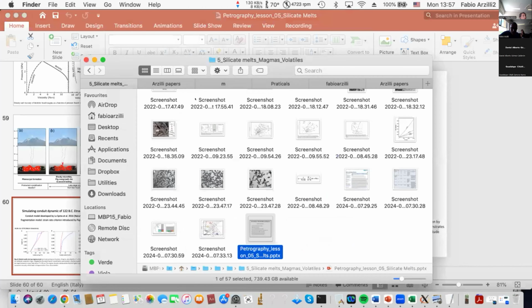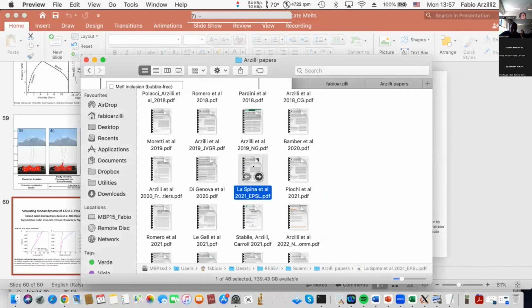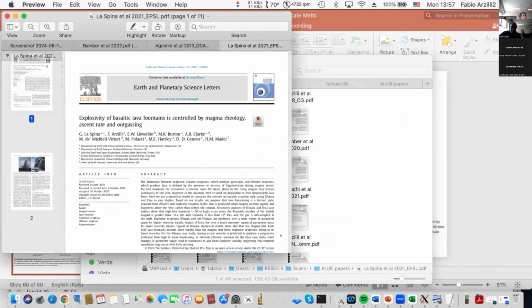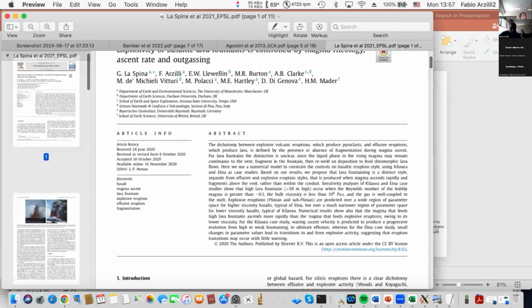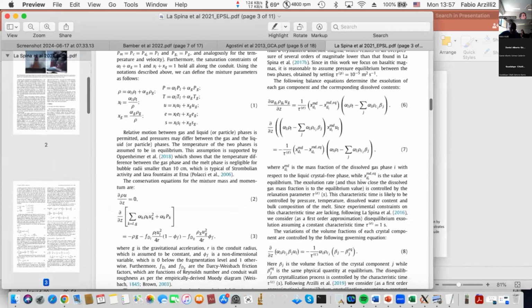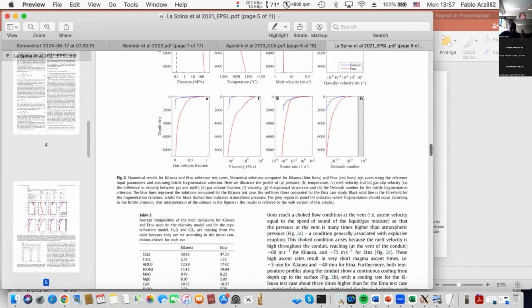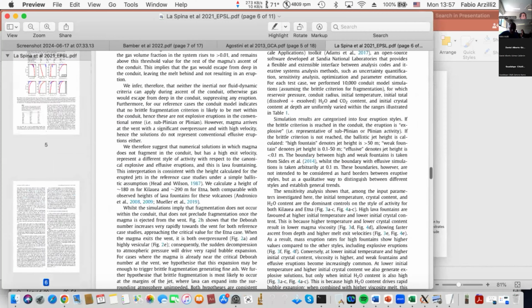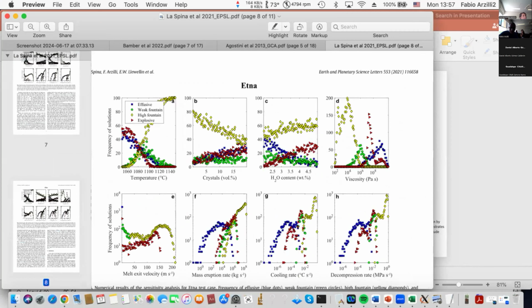Just to answer your question, here is the paper of Giuseppe, and what we did for Etna and Kilauea, I'll just show Etna. We investigated different kinds of conditions.